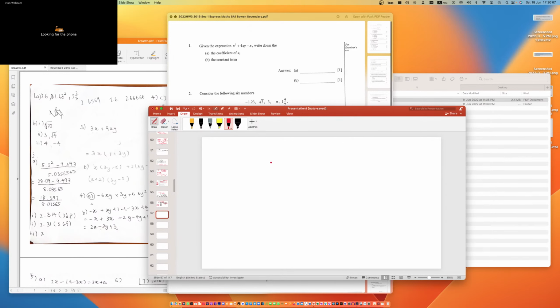So if I give you, let's say, 4x squared minus 2x plus 5, what is the coefficient of x squared? First thing first, you circle the x squared term first. Then within the circle, what is in front of the x squared?